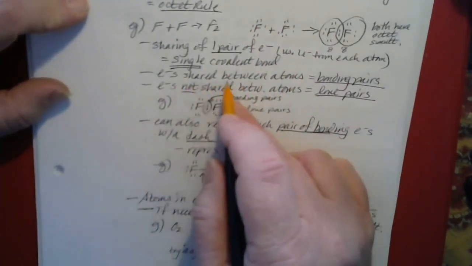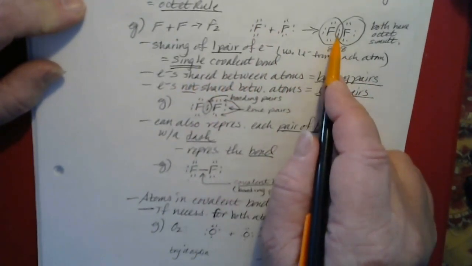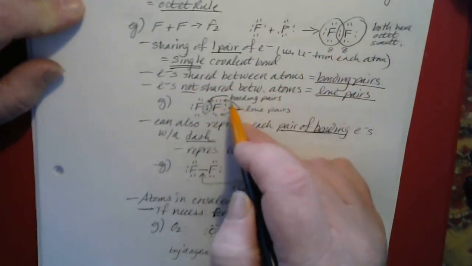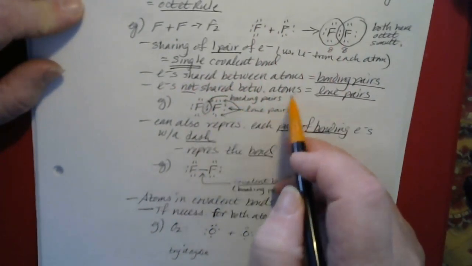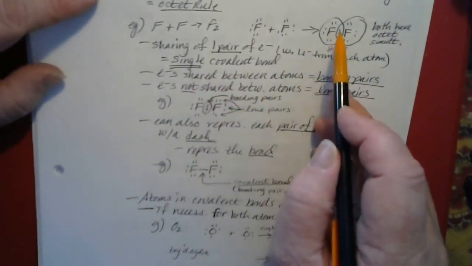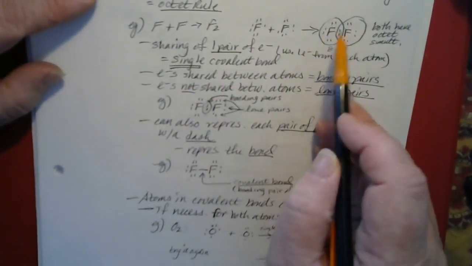And again, the electrons that are shared between the atoms are bonding pair electrons, and those that are not shared between the atoms would be lone pair electrons. So the F2 molecule has one bonding pair of electrons, and it has 1, 2, 3, 4, 5, 6 lone pairs of electrons.